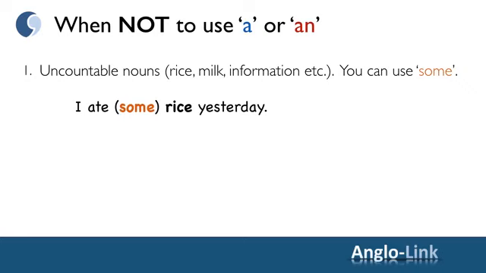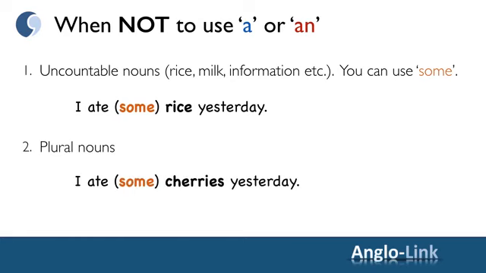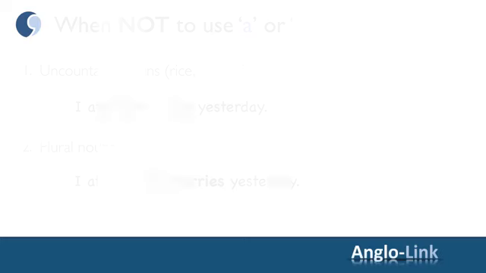Or, I ate some rice yesterday. Don't use a or an with plural nouns. For example, I ate cherries yesterday. Or, I ate some cherries yesterday. Right, that's all for the indefinite articles a or an.